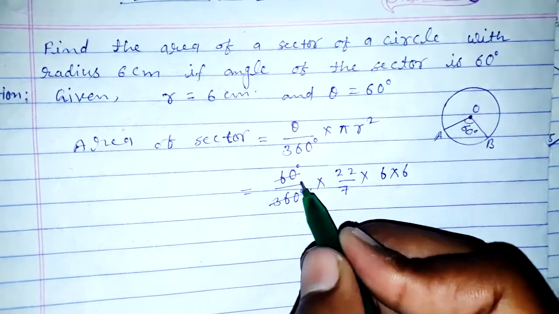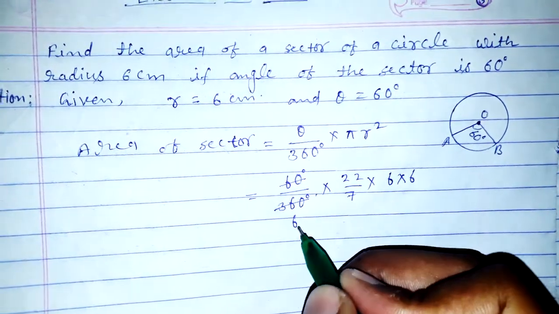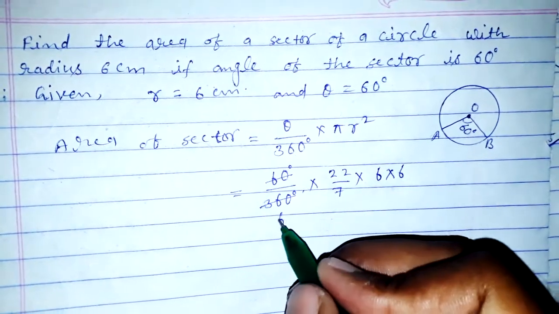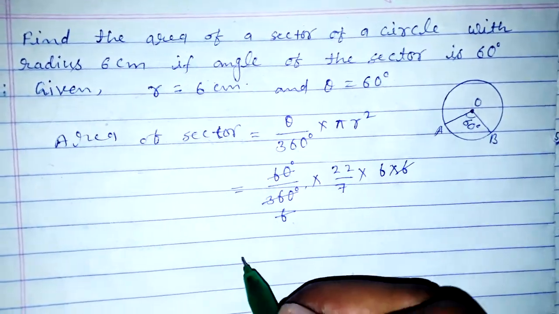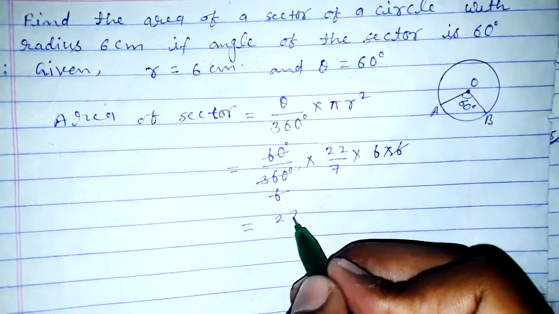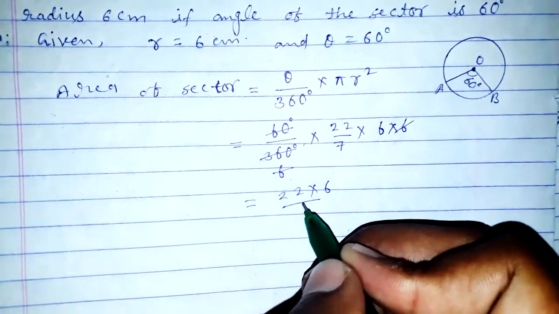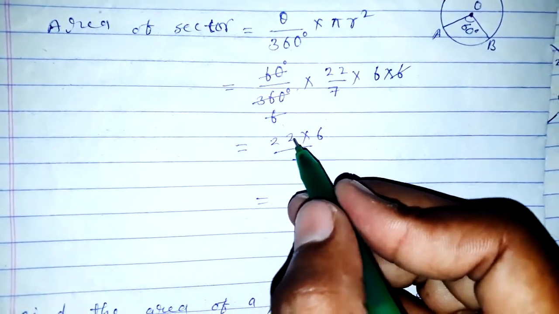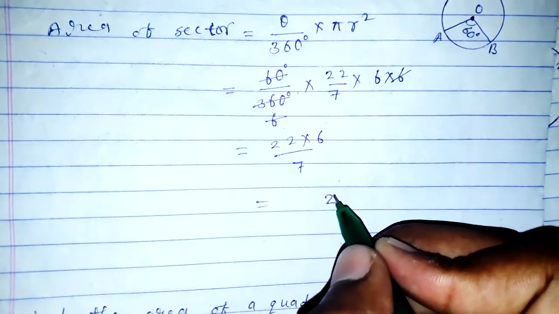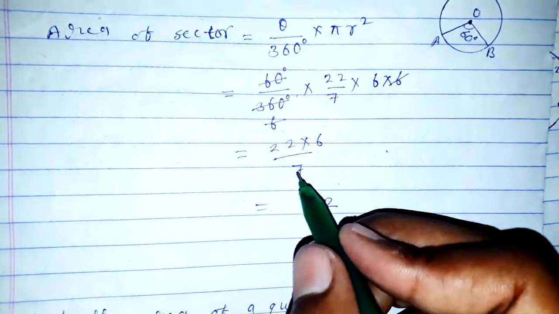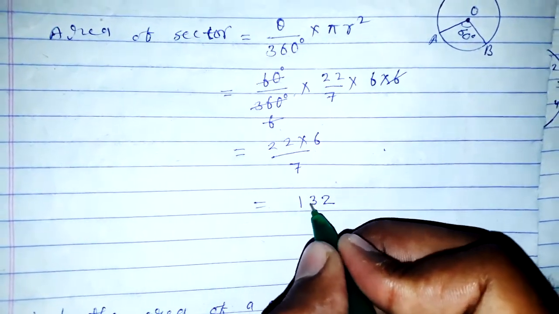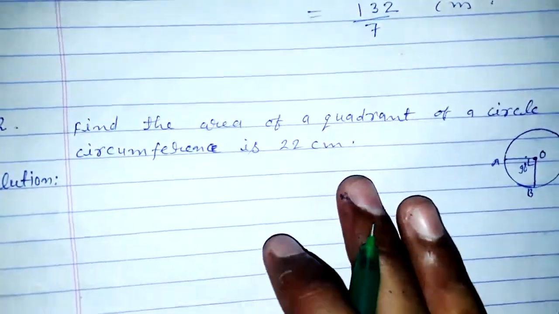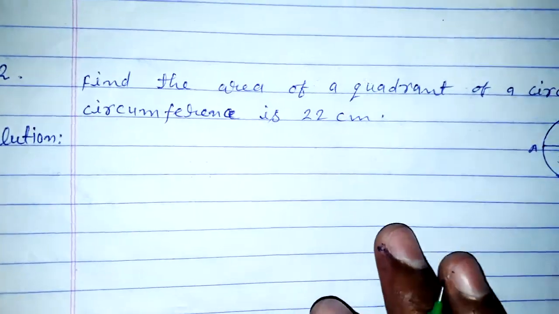This value, 60 divided by 6 with 360, and 6 cancel out. So here 22 into 6 upon 7. Multiplying, 6 times 2 is 12, 2 carry 1, 6 times 2 is 12 and 1 is 13, upon 7 centimeter square. Next question.